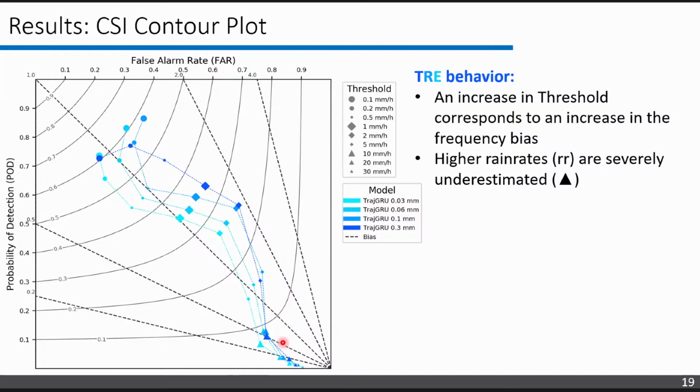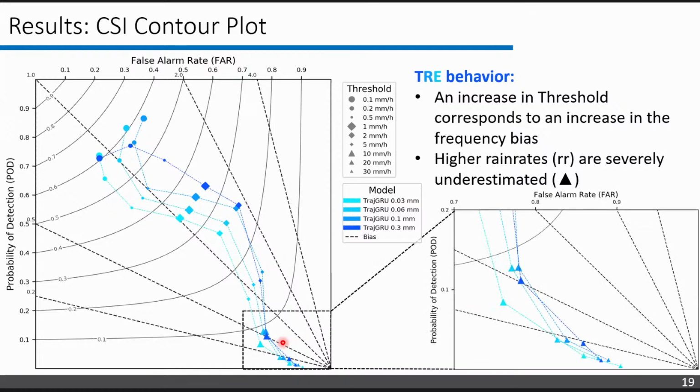So if we zoom in, we can appreciate how the stack generalization is able not only to increase the skill, but also to improve this frequency bias. So to make the model predict more pixels with higher rain rate.